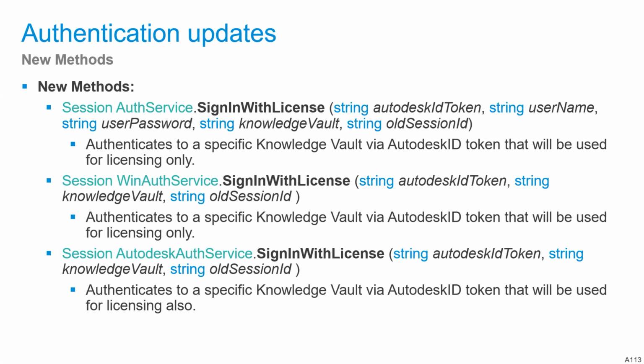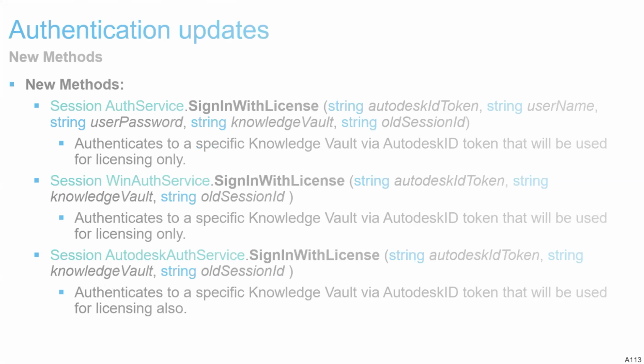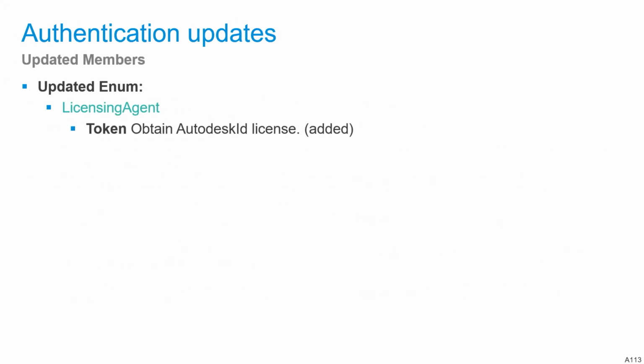It was also included into the Autodesk auth service that was created. And to handle previous functionality, a new member was added. It is licensing agent token, to support named user licensing.